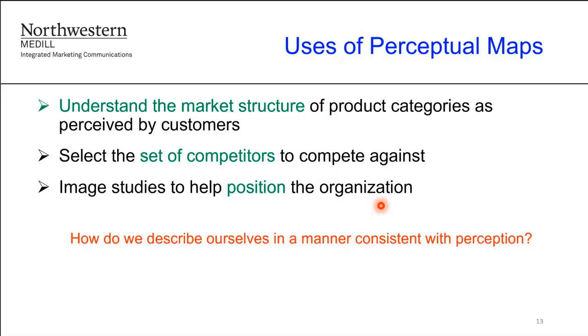We can create these perceptual maps for organizations as well, not just for the brand or product. Then we can see in which place our organization is positioned in that perceptual map, with the specific dimensions. So how do we describe ourselves in a manner consistent with the perception?